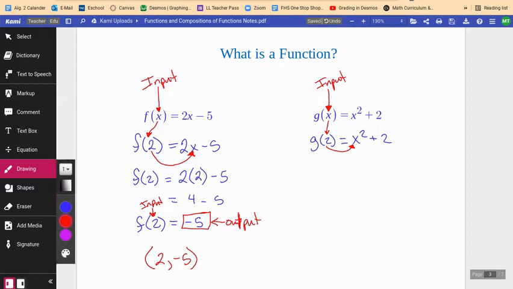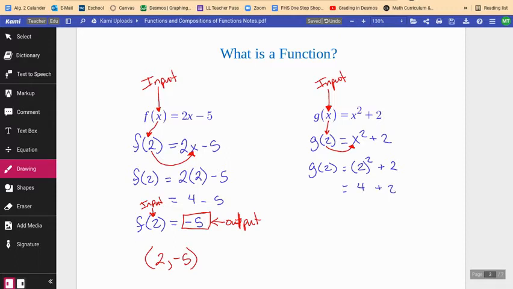So then I have g of 2 is equal to 2 squared plus 2. And then I just work this out. 2 squared is 4. 4 plus 2 is 6. So for my function g of x, when I have an input of 2, then my output is 6.